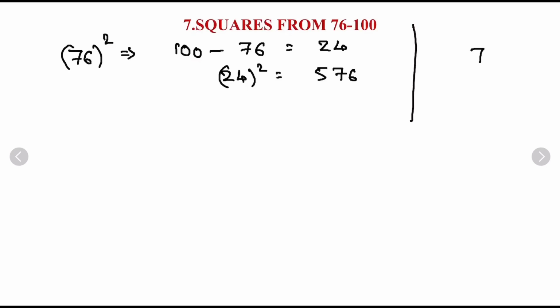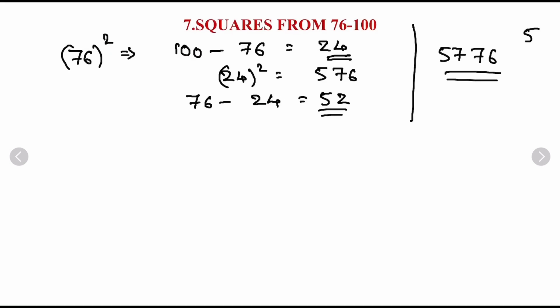So keep 76 and 5 carry forward. Next, whatever the result, 24, subtract from the given number. As it is below 100, you have to subtract. If it is above 100, you have to add. Then 52. 52 plus 5, 57. This is the answer.